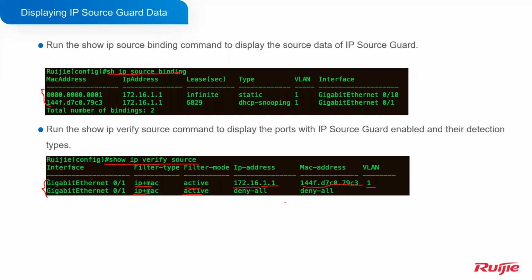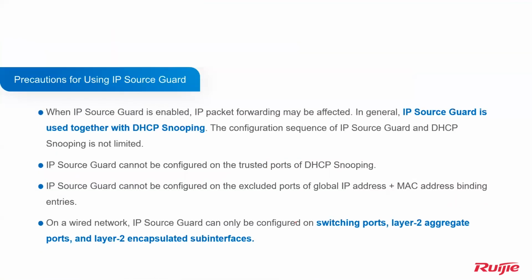Why do we have another entry on the same interface? It means that except for packets that match the first entry, all the others will be denied. So this is the reason why we have two entries for one interface. Okay, this is about how to verify.